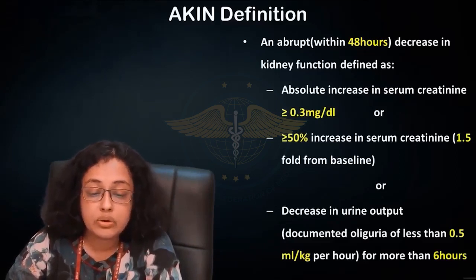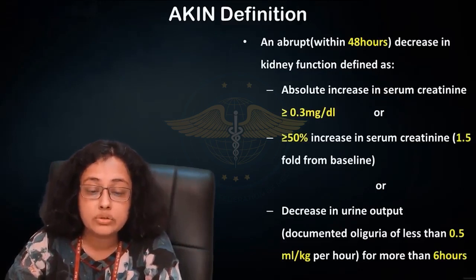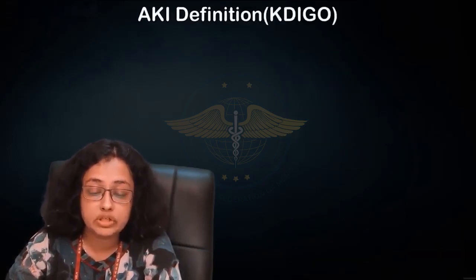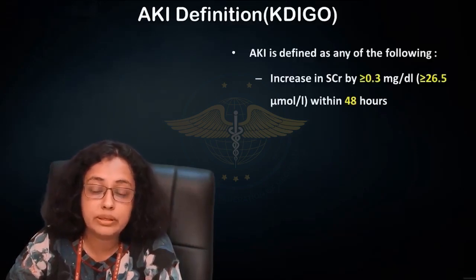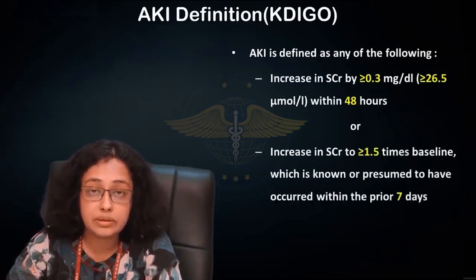Again, AKIN also had its issues. Yes, within 48 hours is fine, but what if we do not know the baseline serum creatinine before 48 hours? So this was addressed by the KDIGO classification. They said that an increase in serum creatinine by at least 0.3 milligram per deciliter within 48 hours, or an increase in serum creatinine by at least 1.5 times the baseline.